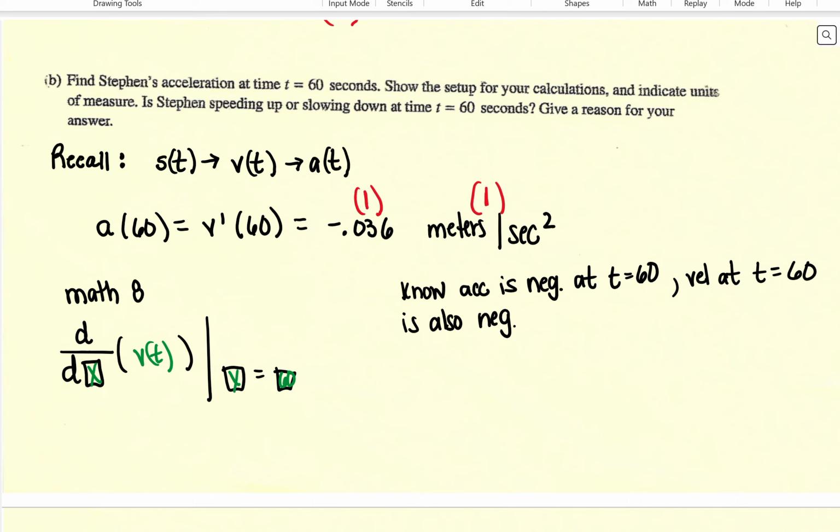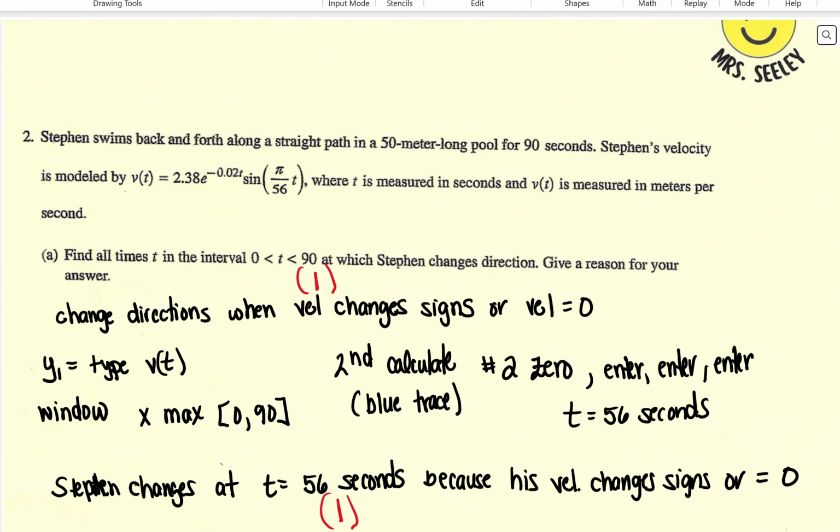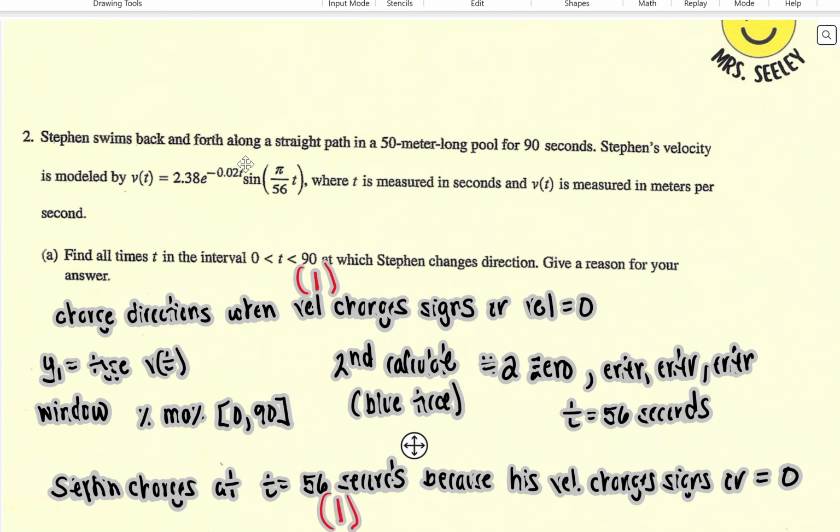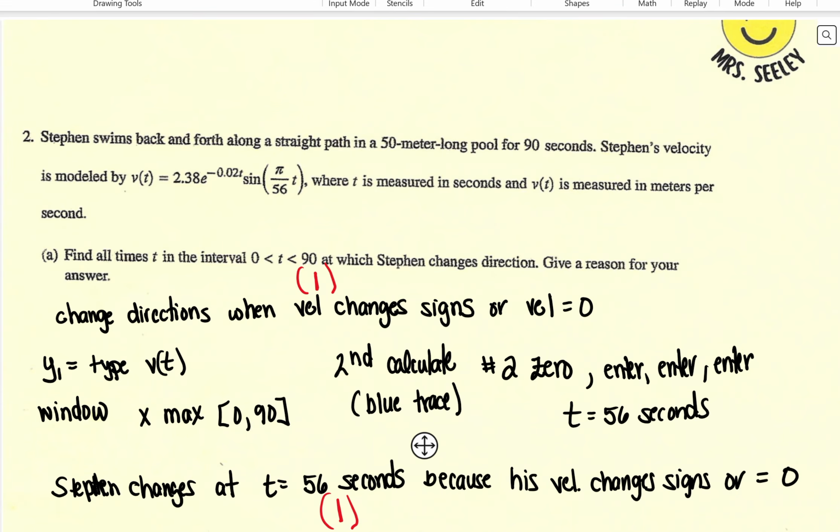In fact, if you do that, you're going to get negative 0.156. I found that by taking the time of 60 and plugging it in for t. Just plug that back into the original velocity function at t.